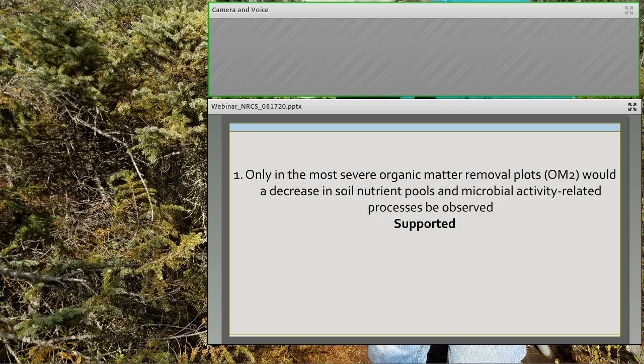Now, as we return to our original hypotheses, we found that our first hypothesis was supported by declines in soil C and N pools, regardless of prevailing inherent soil properties, and to a lesser degree in C and N mineralization within OM2 plots.